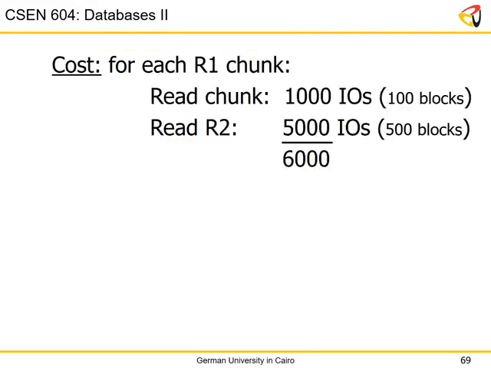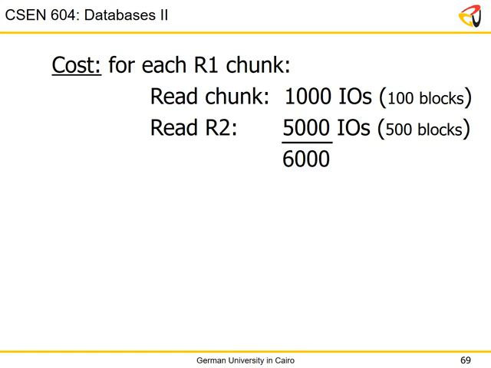Okay? Now, this is again what I'm saying here. I will describe the part I am caching from R1 as a chunk. So I will read a chunk, and the chunk here is going to be 1000 IOs, because the 1000 IOs will fill 100 pages, since a page takes 10 rows. And since this is not contiguous, 1 IO equals 1 row, or 1 IO enables me to read 1 row.